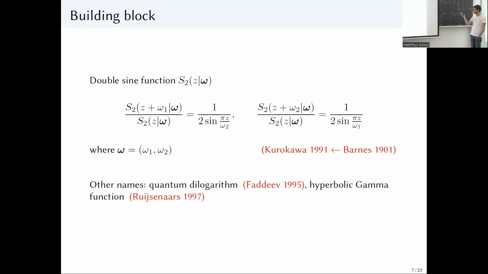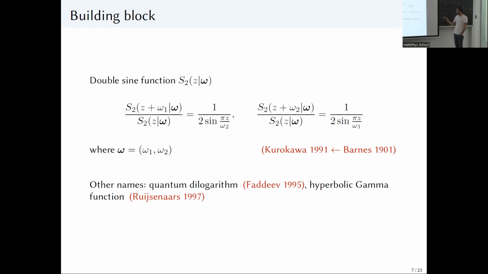As I said, the main building block of this kernel function is the double sign function, which is a special solution, because any solution can be multiplied by some periodic function and it will still be a solution. But you may notice that these two equations are symmetric with respect to the omega 1 and omega 2 permutation. And this double sign function is a particular symmetric solution.